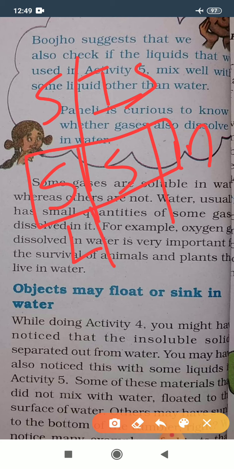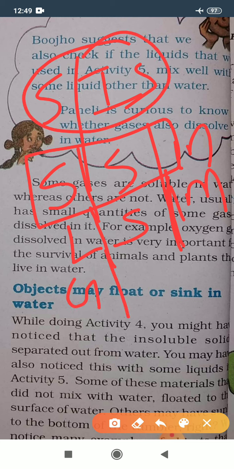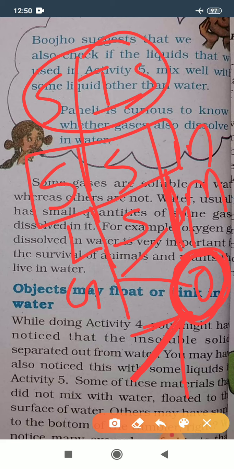Again, some liquids were soluble in water, that means miscible liquids, and some were floating on water, that means immiscible liquids. With the help of these experiments, we have seen that some gases also mix with water, that means hydrogen and oxygen are already in the water, and with the help of this dissolved oxygen in water, the aquatic animals survive. Thank you.